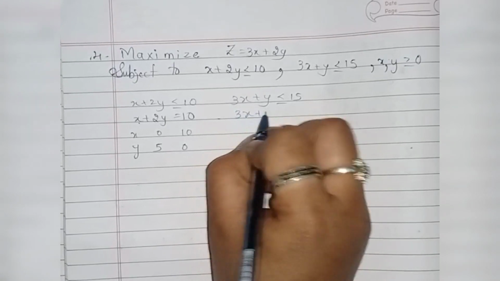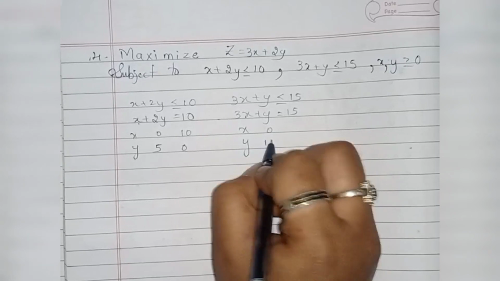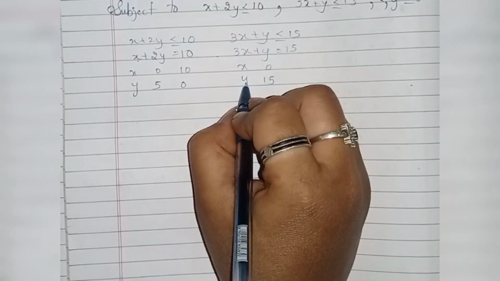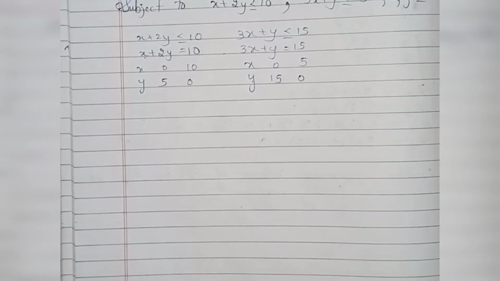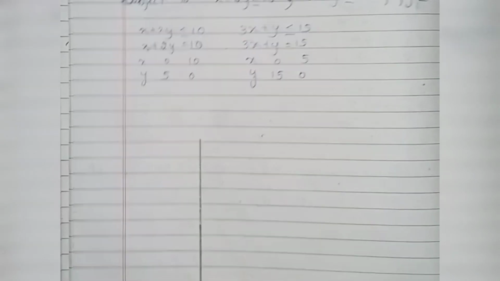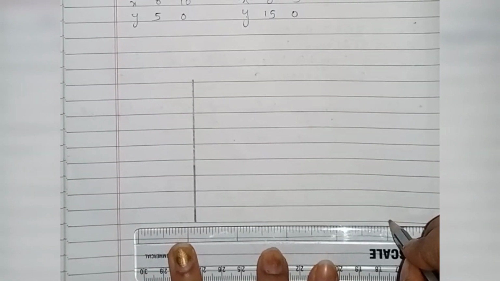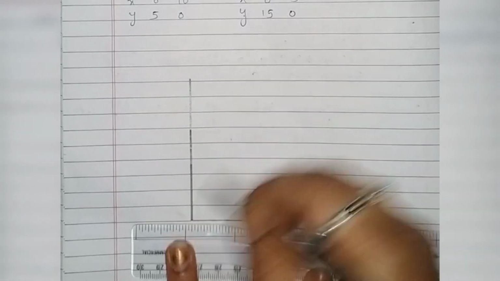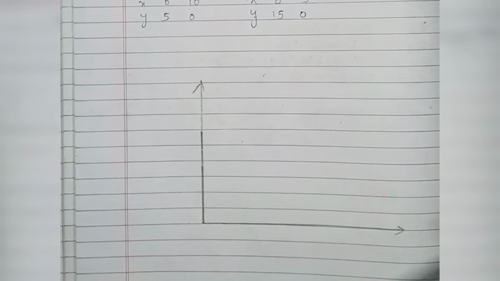And we have to consider the equation of the second one and find the points. If x is 0, y will be 15. And if y is 0, x will be 5. So now we have to draw the graph. We can take simple points: 5, 10, 15, 20, 25. Also, we have to write the scale, which is very important.